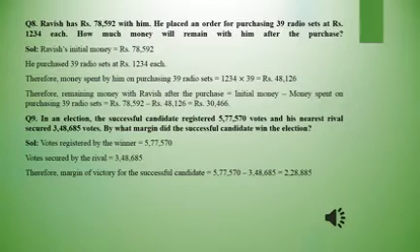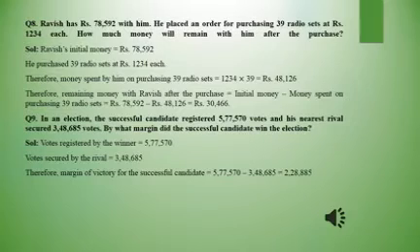So next is question number 9. In an election, the successful candidate registered 5,77,570 votes and his nearest rival secured 3,48,685 votes. By what margin did the successful candidate win the election?